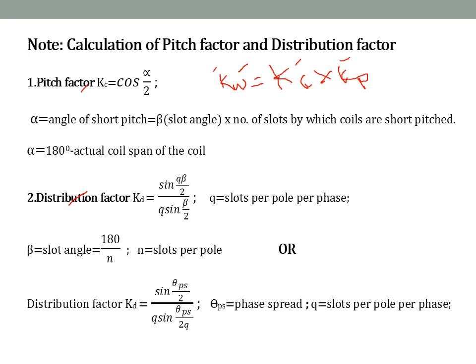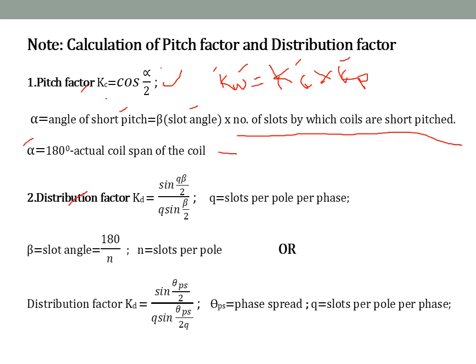To find pitch factor Kc, the equation is cos alpha by 2. Alpha is the angle of short pitch, which is equal to the slot angle beta multiplied by the number of slots by which coils are short pitched. Or alpha is equal to 180 minus the actual coil span. Substitute here, and Kc can be found out.